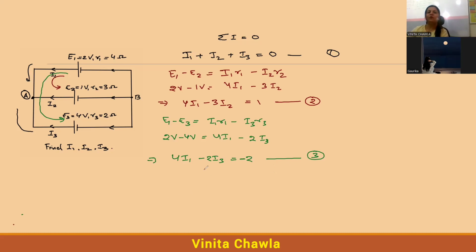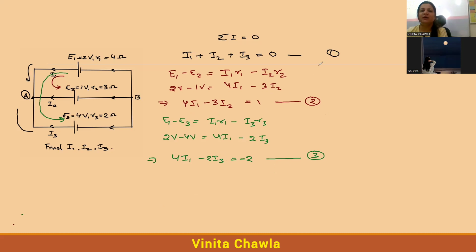Okay. Now we have got 3 equations. We can solve for I1, I2, I3. We can do one more thing. See, here we have the relation between I1 and I2. What if we get the relation between I1 and I2 here also? Then we can easily solve for 2 variables and then we can find the third variable. So for this we need to substitute I3.